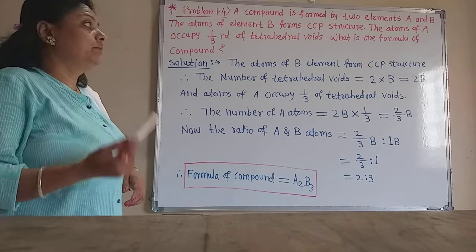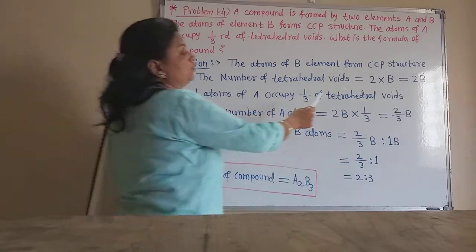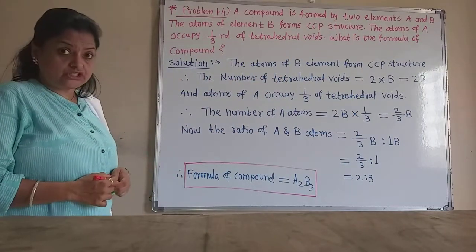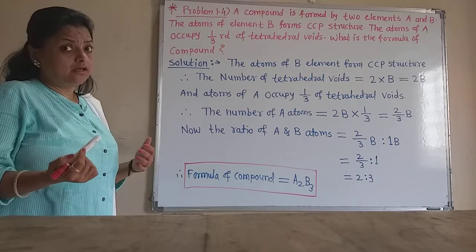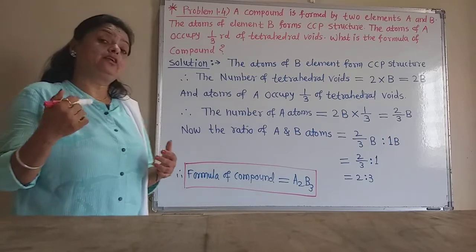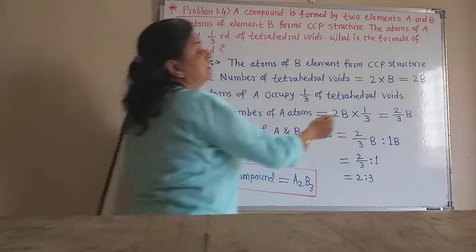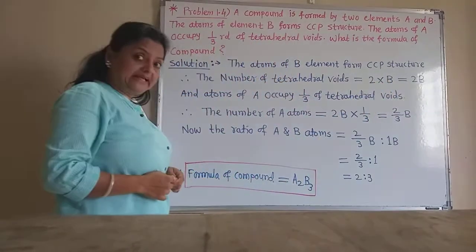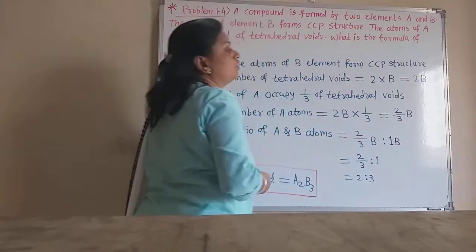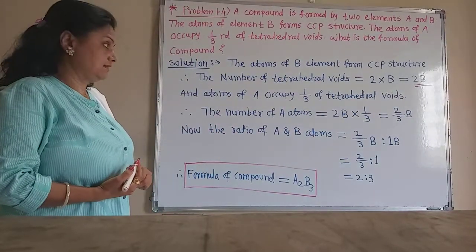Suppose the number of B atoms is B. So the tetrahedral voids are twice B, because tetrahedral voids are twice the number of atoms of B. So the number of tetrahedral voids becomes 2B. These are the total tetrahedral voids.